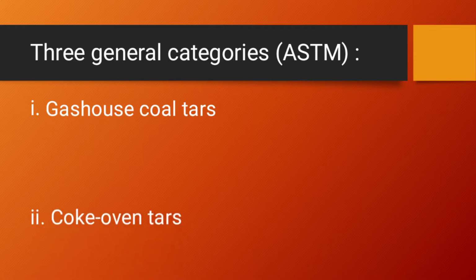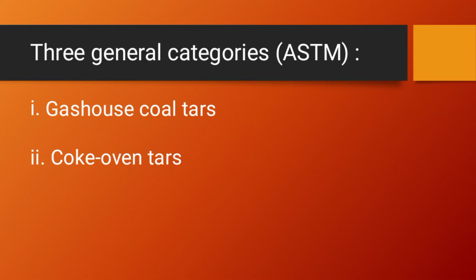The second is the coke oven tars, produced as a byproduct in coke ovens in the manufacture of coke from bituminous coal. The third and last is the water gas tars, produced by cracking oil vapors at high temperatures in the manufacture of carbureted water gas.